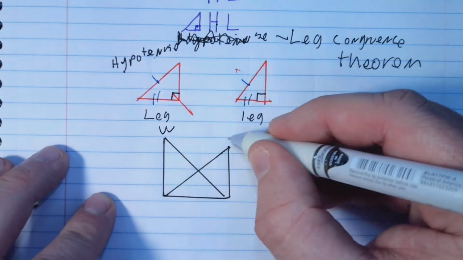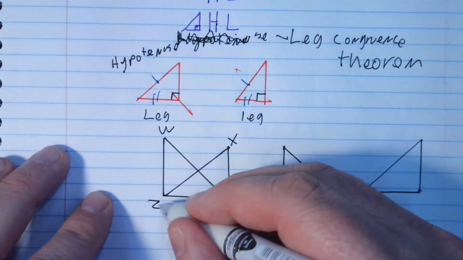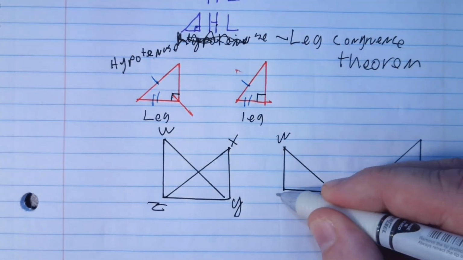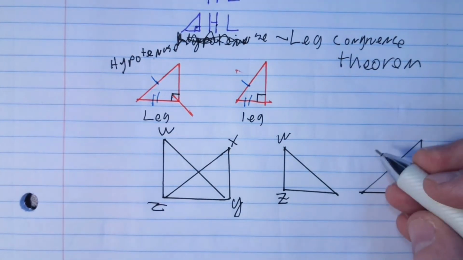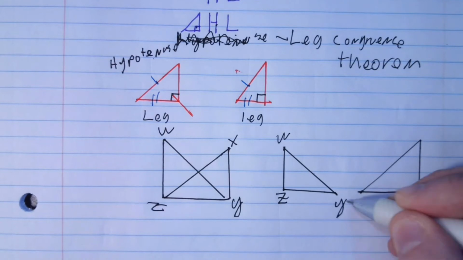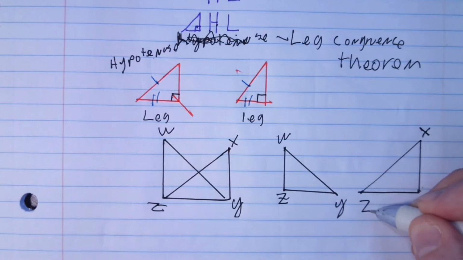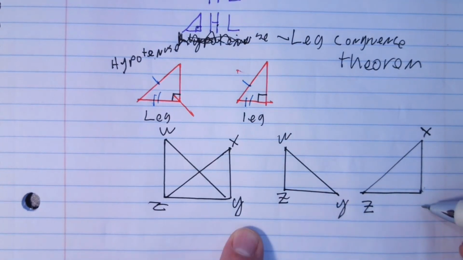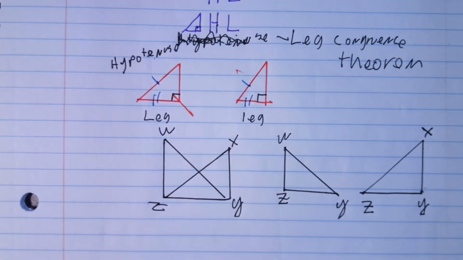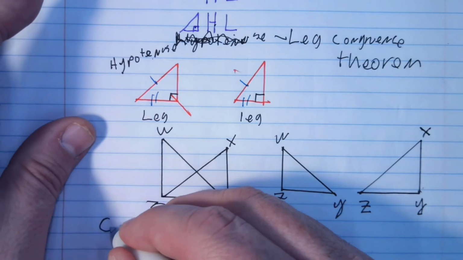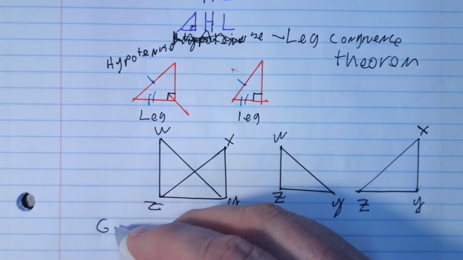So this is W, X, Z, Y. This is W, Z, Y. And this is going to be X, Z, Y. Okay. Here's our given. If we can still see it.